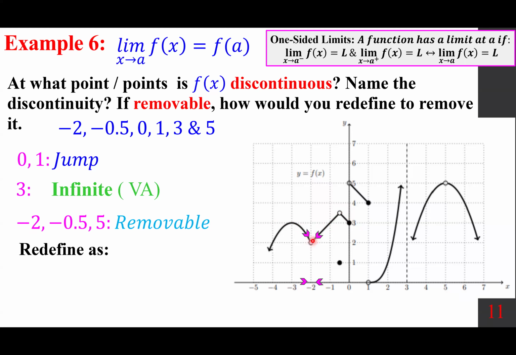That indicates that the limit of the function as x approaches -2 is 2. Therefore, if we redefine f of -2 to be 2, it removes the discontinuity and makes it continuous at x equals -2.